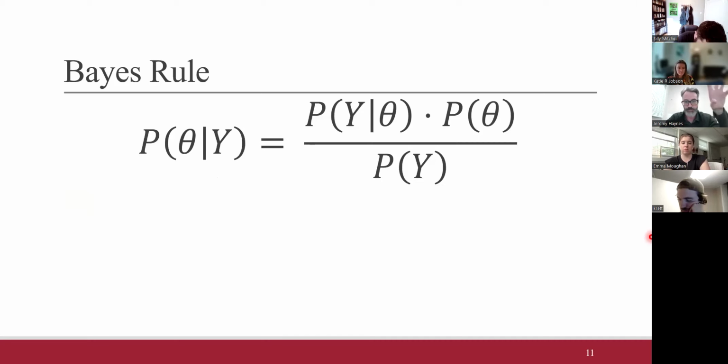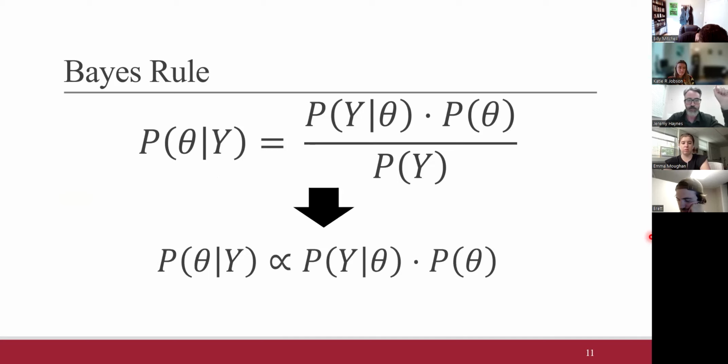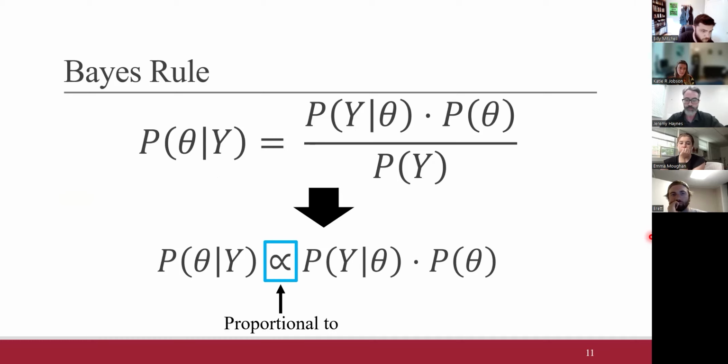We have the full equation here up top. If we remove that marginal distribution, the denominator, we can simplify this to say that the posterior distribution on the left is proportional to the joint distribution on the right. Now, we haven't solved every issue, because all we've said is it's just proportional to. We still need to figure out how to get this joint distribution to integrate to 1.